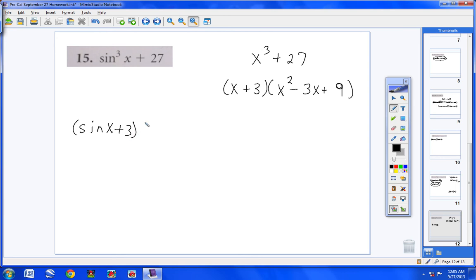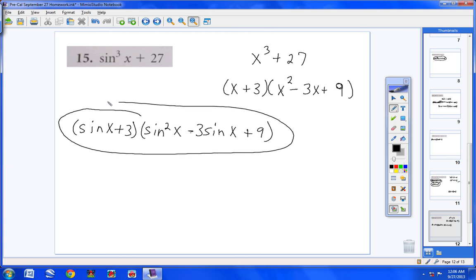And then for the other parentheses, for x squared, that would be sine squared x, and then negative 3 sine x, and this simply plus 9. Now, I've looked in the back of the book, the teacher's edition I have here, and that's all they want you to do. So there's no simplifying to do from there. They just wanted us to factor, and that's it.